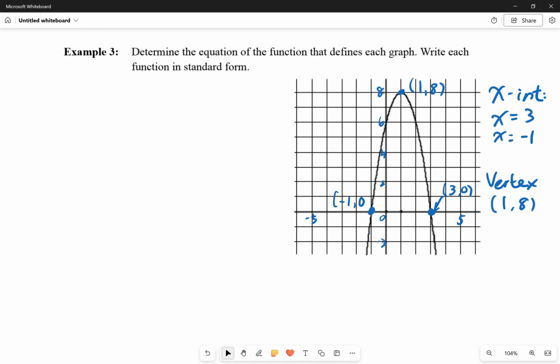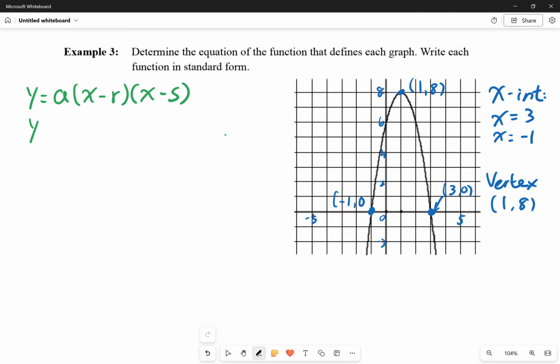How do I actually figure out my equation? Let's change colors here. Well, I know that my factor form equation looks like this. Y is equal to a times x minus r times x minus s, where r and s are my two x-intercepts. So what I can do is I can just take these two, the 3 and the negative 1, and put them right over here.